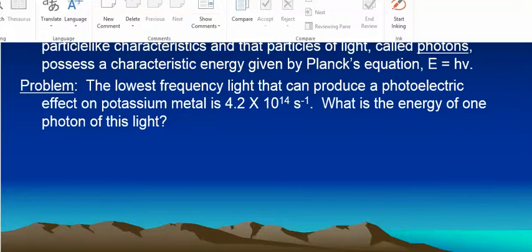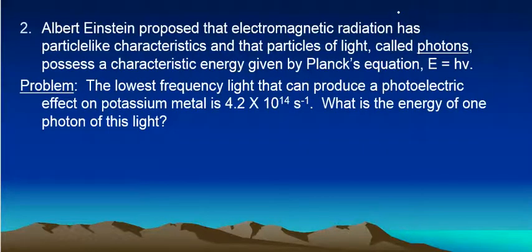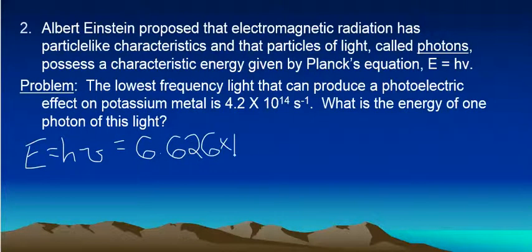So let's look at this problem here. I want to know the energy of one photon of light. Energy of one photon, one particle of light. So I'm going to take E equals h nu. h is Planck's constant, 6.626 times 10 to the negative 34th. The units are joules times second.